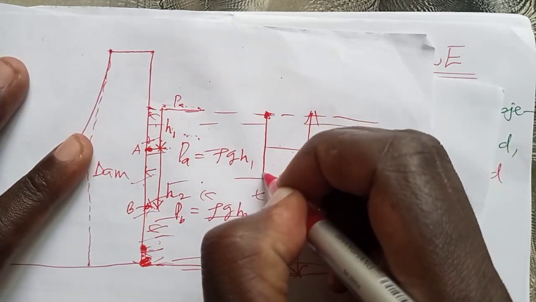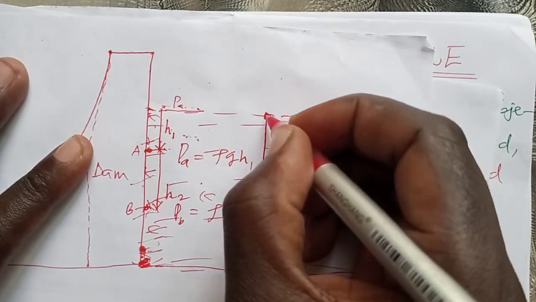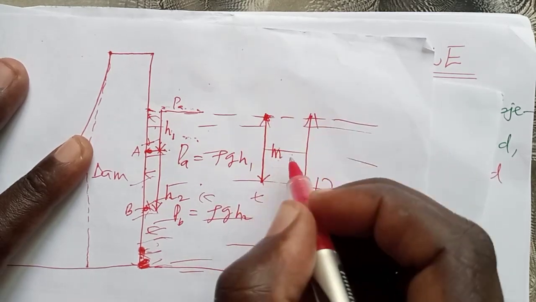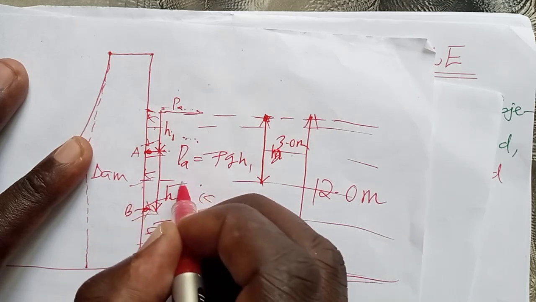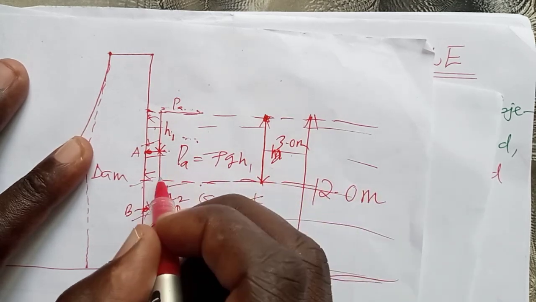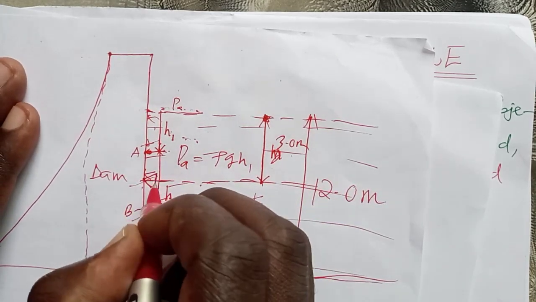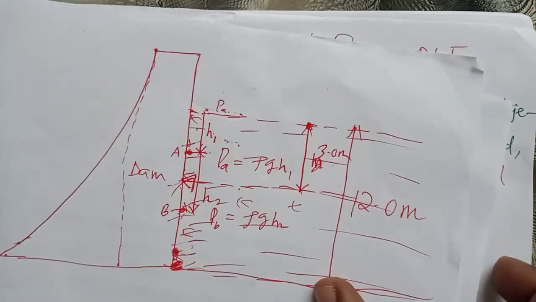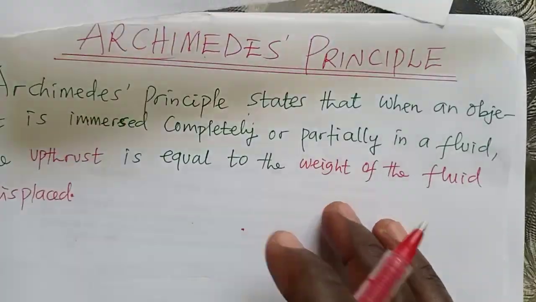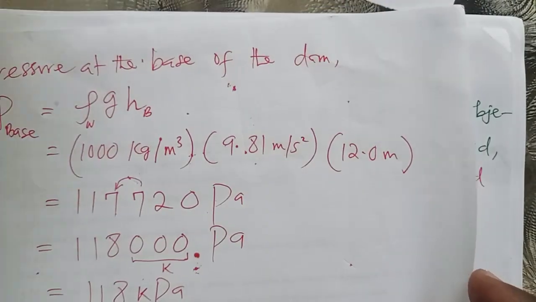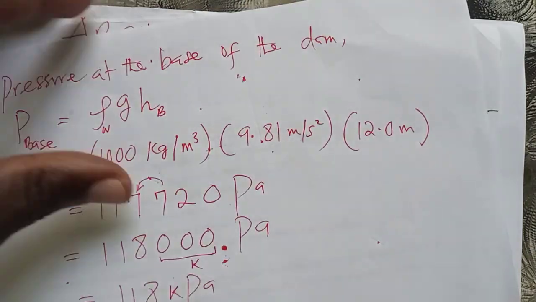So from here to here is 3.0 meters. What will be the pressure on the dam at this level? The only thing that will change is the depth. So I need another paper here. Let me use this one.